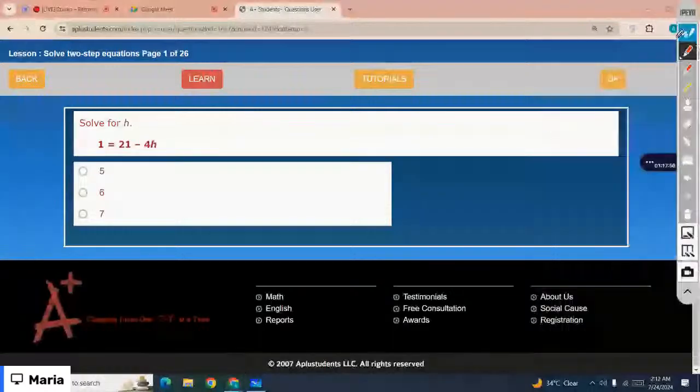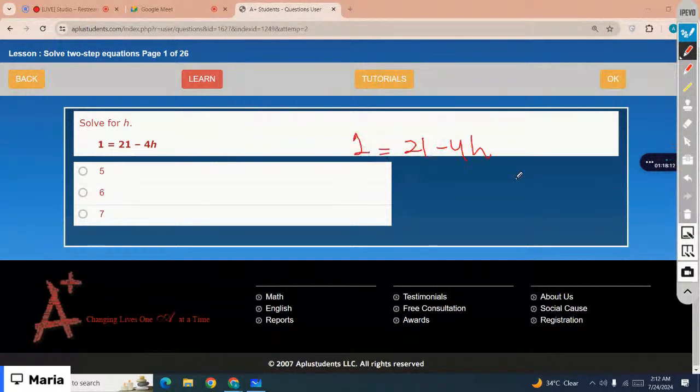Okay, the next one is solve for h: 1 equals 21 minus 4h. You have to solve this equation for h, right? So 4h is being subtracted here. Let's add 4h to both sides.